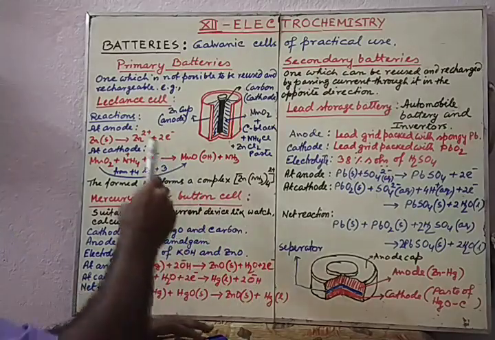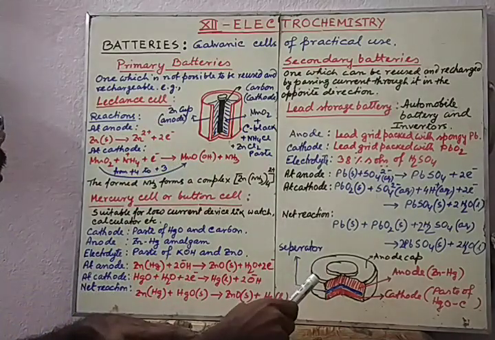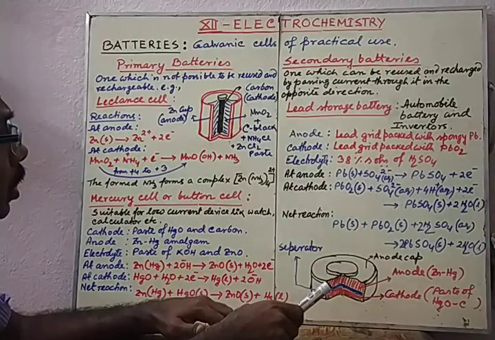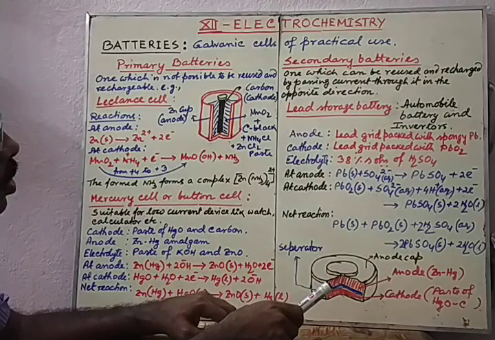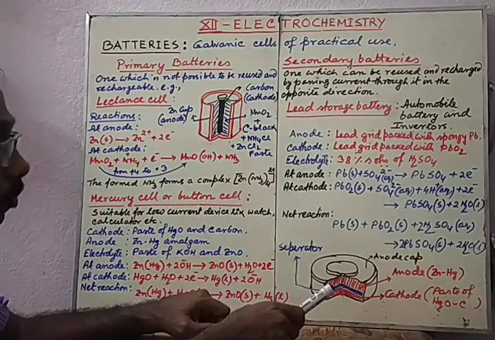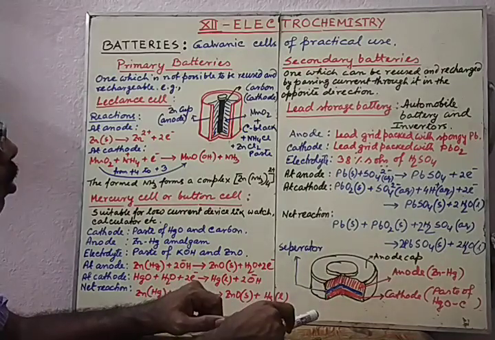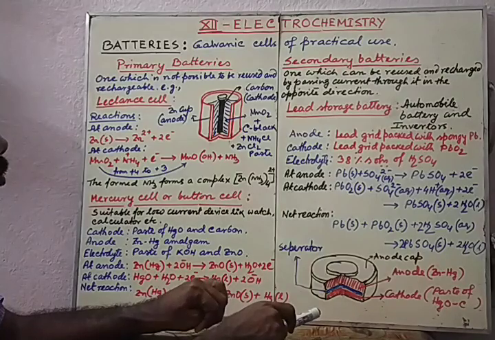For example, the Leclanché cell, after the name of the scientist, the inventor actually. Leclanché cells are used in our inverter, remotes, TV remotes, in clocks. We use this type of battery.